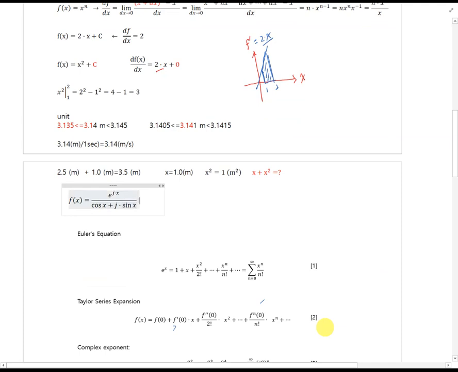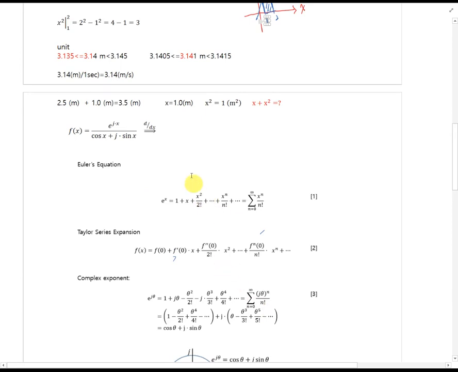And then take the derivative, d/dx. Then how can we write this down? So the differentiation will be given this way: f prime of x equals cosine x plus j sine x, squared.